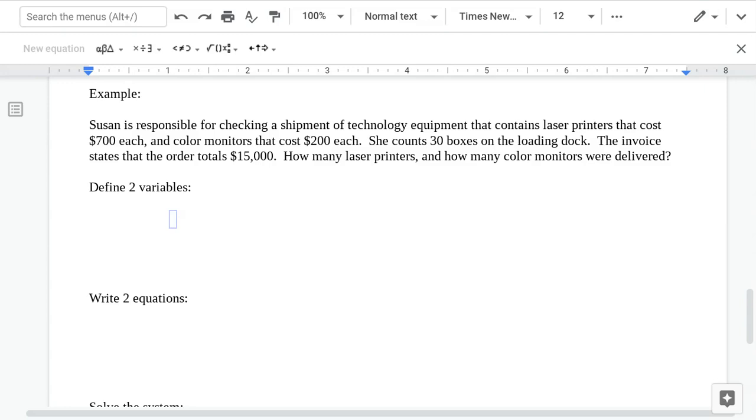A lot of times in these scenarios, since I'm not graphing, I prefer to use letters that represent the items at hand, so that later on I know which variable represents my laser printers. And so because L for laser can look like a 1, I'm going to use a P for the printer because that's easy to understand. And I'm just going to put that P equals the number of laser printers.